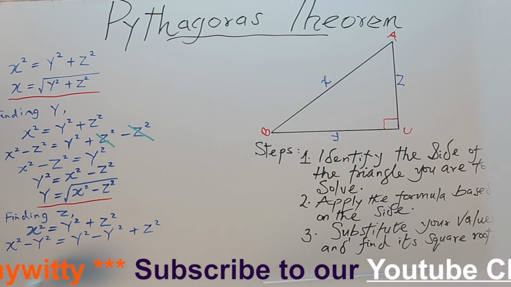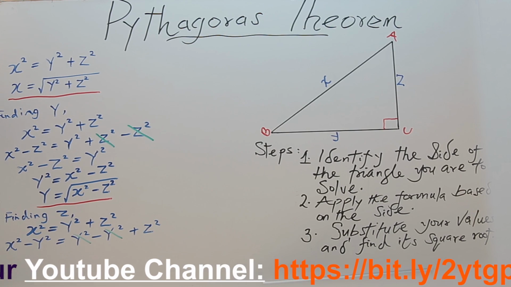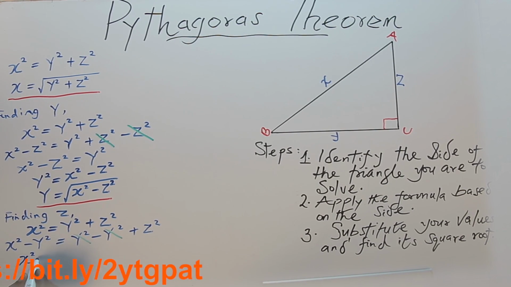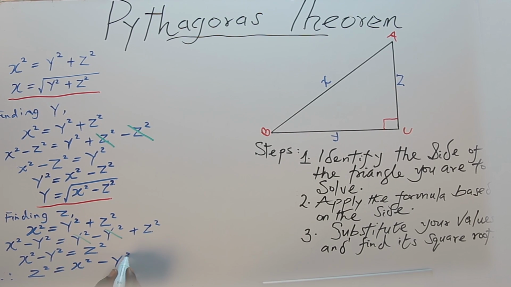At this point, plus Y squared will cancel minus Y squared, so we'll have X squared minus Y squared equals Z squared. Therefore, we'll have Z squared equals X squared minus Y squared.